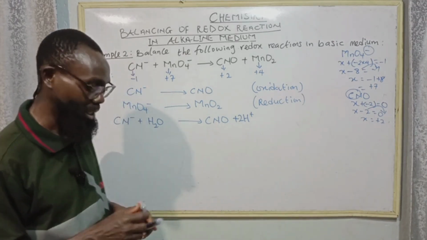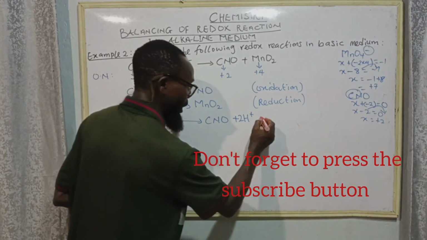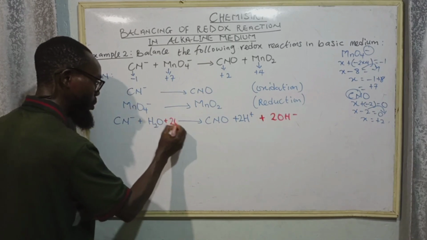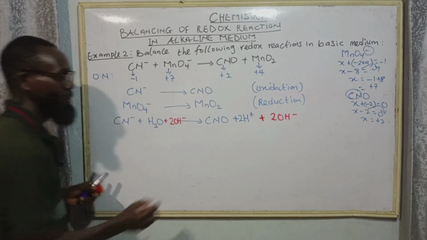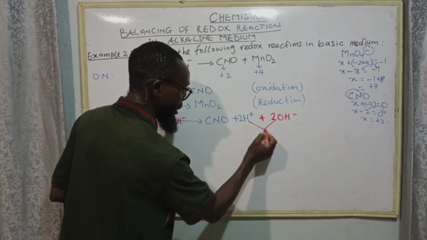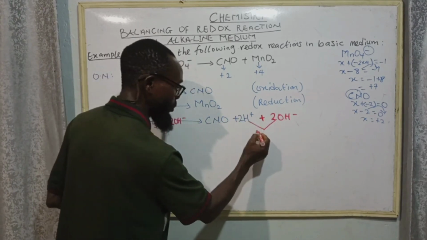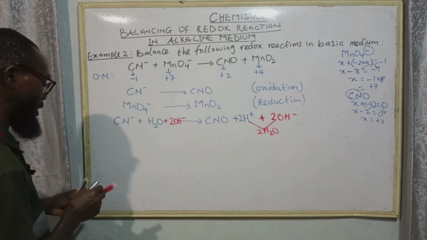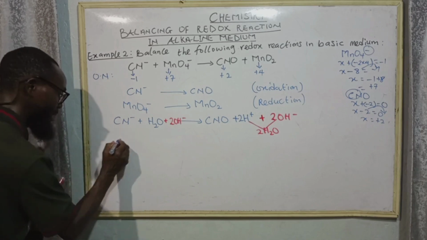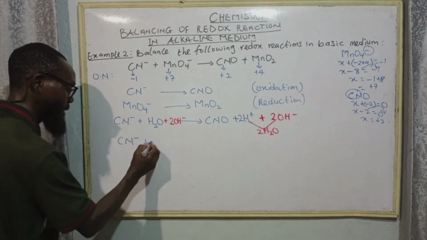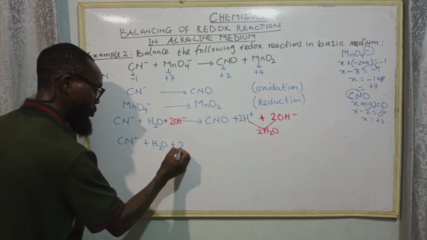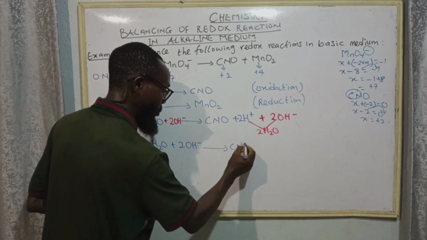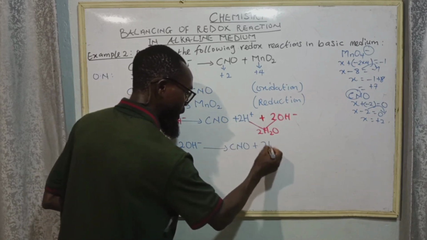We have 2 H plus here, so we are going to add 2 OH minus here as well. Now this H plus joins with 2 OH minus to form 2 H2O. Fine. After then, we can now rewrite our equation. Thus, CN minus plus H2O plus 2OH minus to give CNO plus 2H2O.